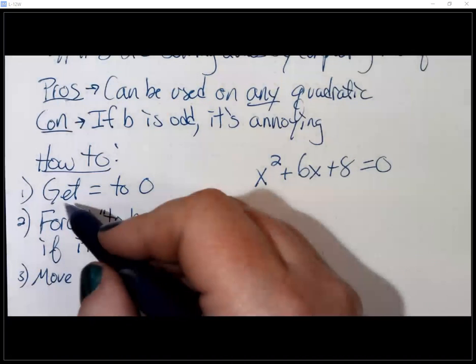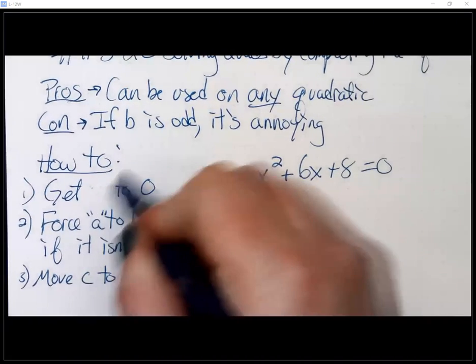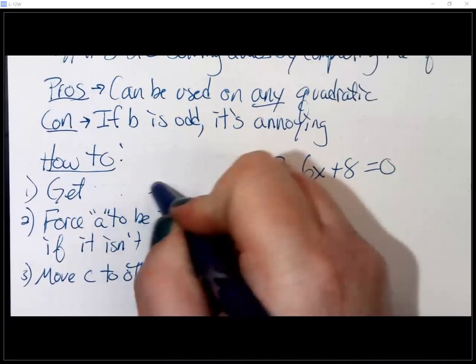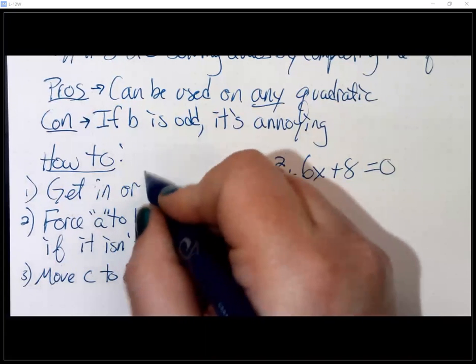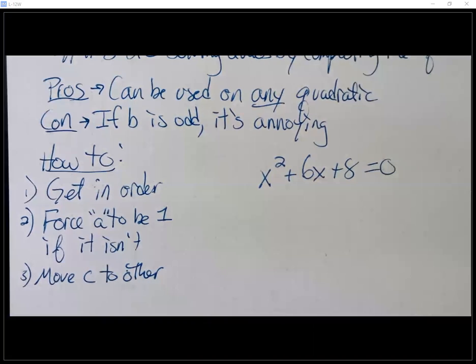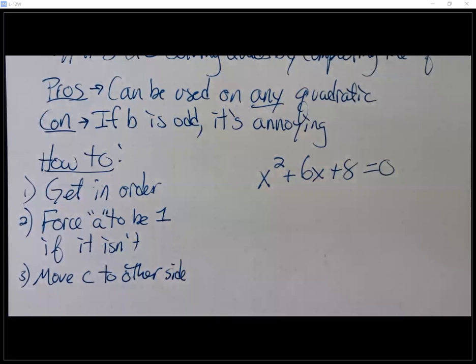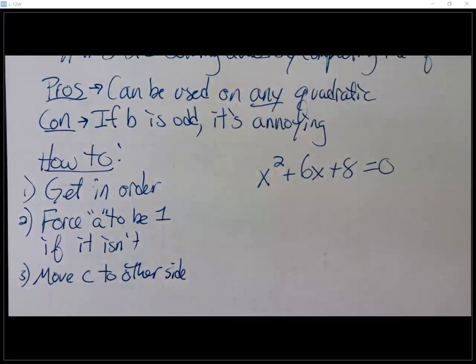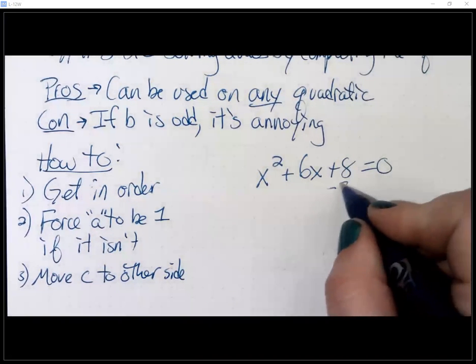Let's change it to, can you just say get in order? Yeah, why would you move C back and forth if C is already over there? All right, so now we're going to move C to the other side. I have a positive 8, so I need to subtract 8 from both sides.